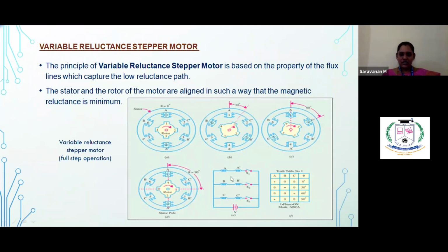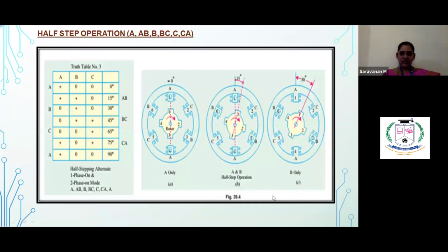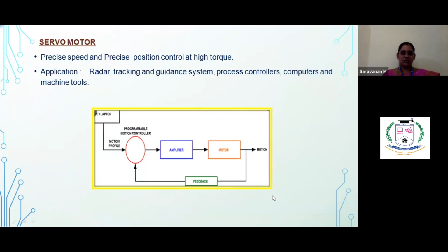Now you can see the coils A dash, B dash, C dash with respect to the switch. For example, see this truth table. When my rotor rotates, you can see it is rotating in terms of steps. So you can vary your steps. How can you vary your step? You can vary your steps in terms of your step angle, full rotation or a half rotation. So based upon your step angle measurement, you can vary it.